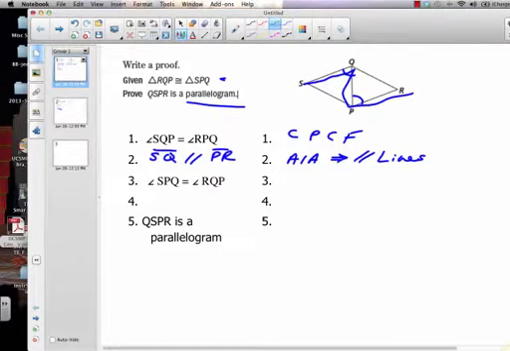And then we want to do a similar thing with the other sides. We want to use alternate interior angles again, and this time S, P, Q, and R, Q, P. And so now, let's see if I can draw this Z a little better.